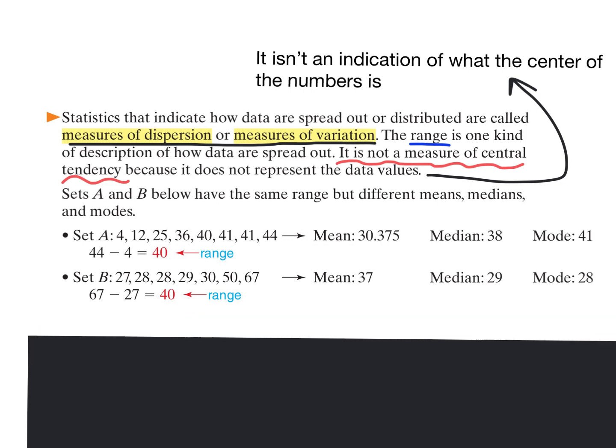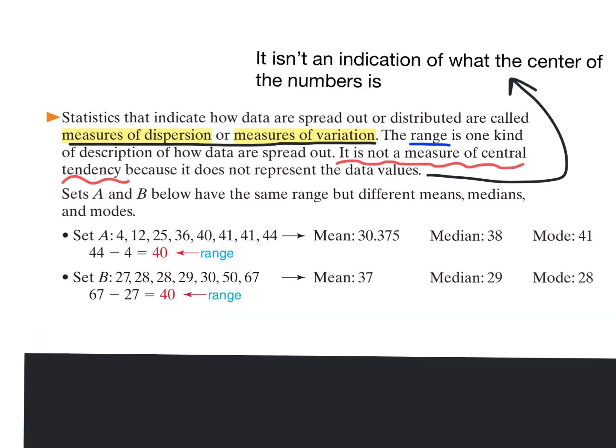So anyway, if we look at this, here's an example of how we could have the same range but different means, medians, and modes. So if you look at set A, 4, 12, 25, 36, 40, 41, 41, 44, you can see the mean, median, and mode there, but notice it has a range of 40.